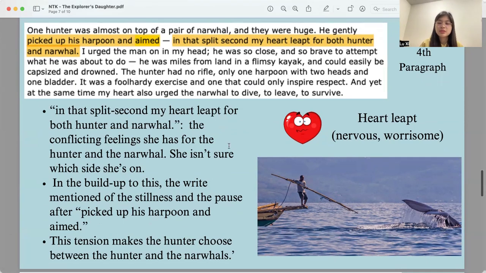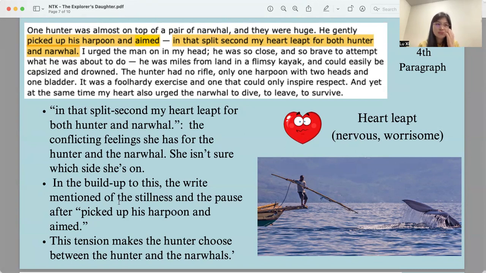In building up to this, the writer mentioned the stillness, like a sudden pause. Just imagine this action is within 1 second, but within that very second, the author's heart suddenly dropped because she was very nervous and worrisome.